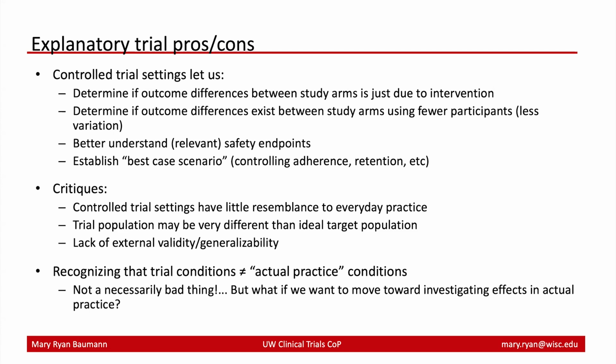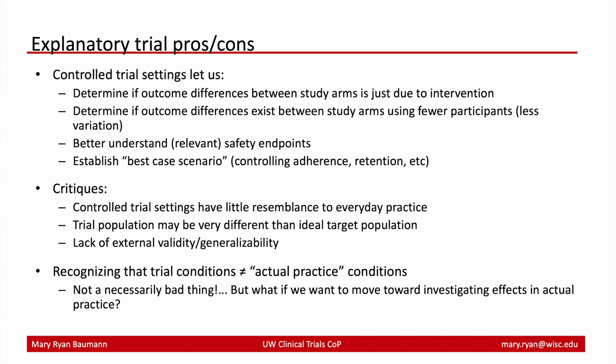And this general idea is that even though we have a lot of internal validity in explanatory clinical trials from these controlled settings, they lack an appropriate amount of external validity or generalizability to what we've been seeing. So this is just a recognition that trial conditions don't match actual practice conditions.